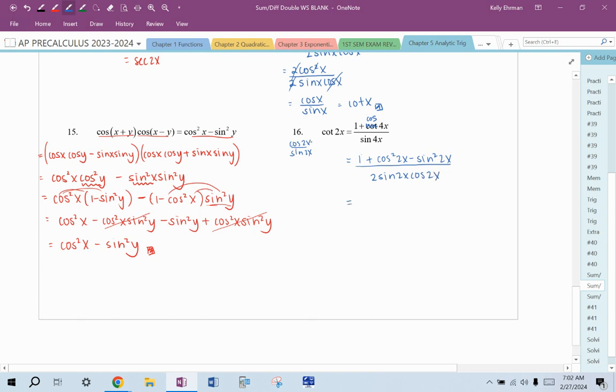Okay, we want to keep cosine 2x in the top, so let's get rid of this 1 minus sine squared 2x. That is cosine squared 2x. And because we already have another one of those, let's add them together and make it 2. And the 2's cancel, and a cosine on top cancels with 1 on the bottom. Cosine of 2x over sine of 2x is equal to cotangent of 2x. Way easier if you have the correct problem written down.